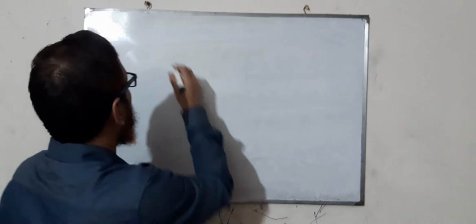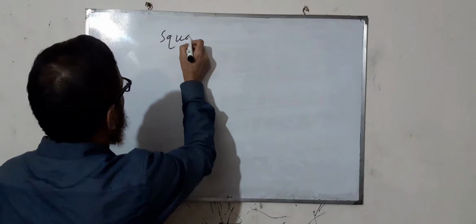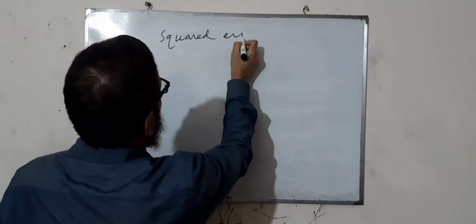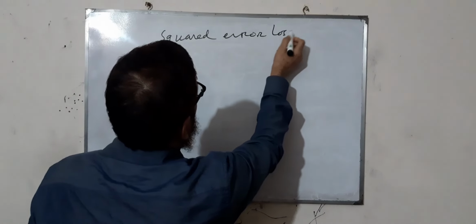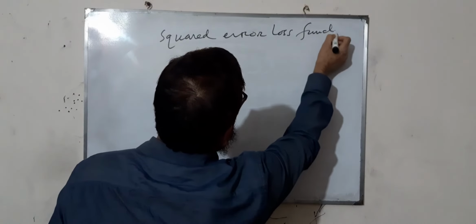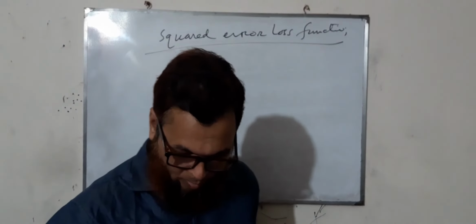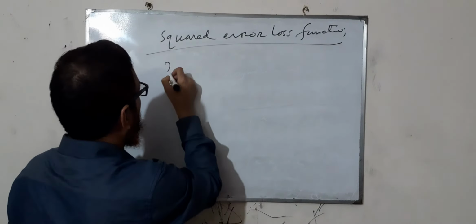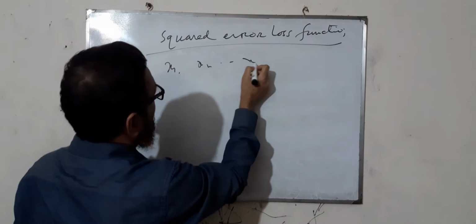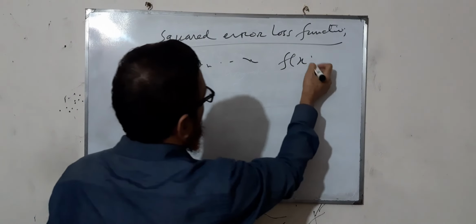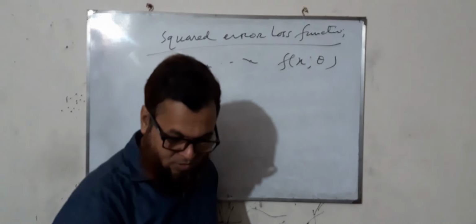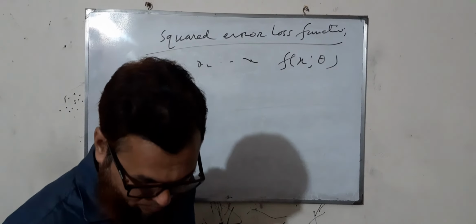Our next definition, squared error loss function. This is an important topic. Let X1, X2, ..., Xn be a random sample of size n drawn from a density function f(x, theta), where theta is the parameter.